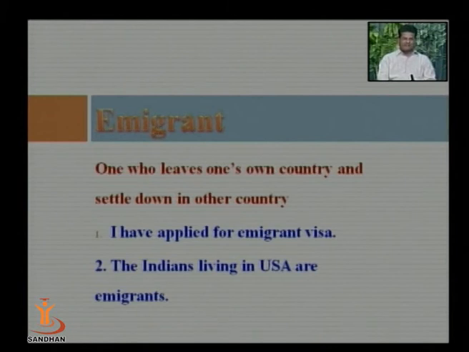I have applied for an emigrant visa. The Indians living in the US are emigrants. Those who are really Indians, their native country is India, but they live in USA, are emigrants.